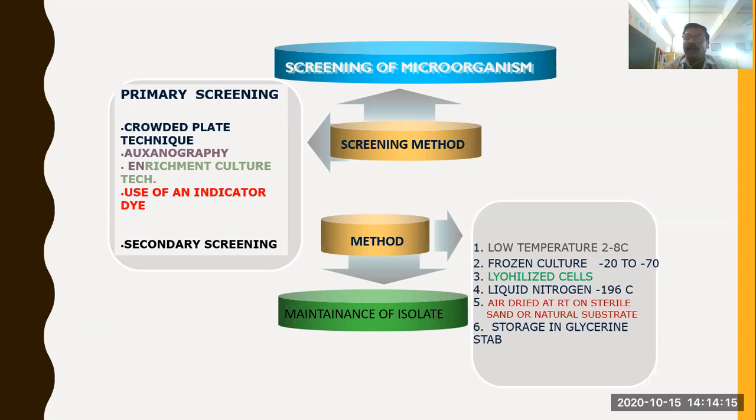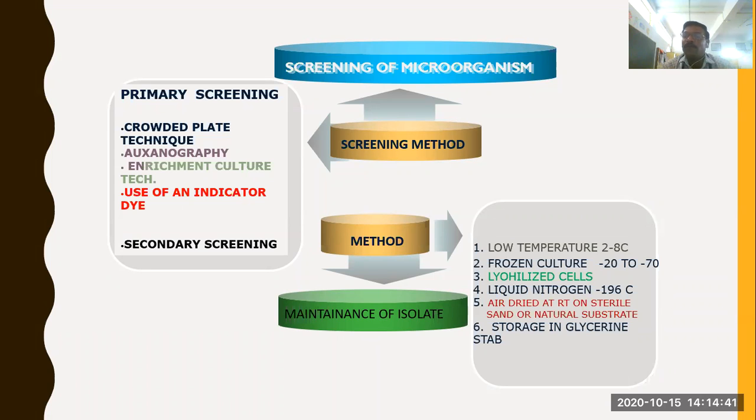We know very well the preservation methods for microorganisms in a laboratory. First is by low temperature, slant culturing. The temperature will be 2 to 8 degrees Celsius, and it is kept in a refrigerator whose temperature is in the range of 2 to 8 degrees Celsius.